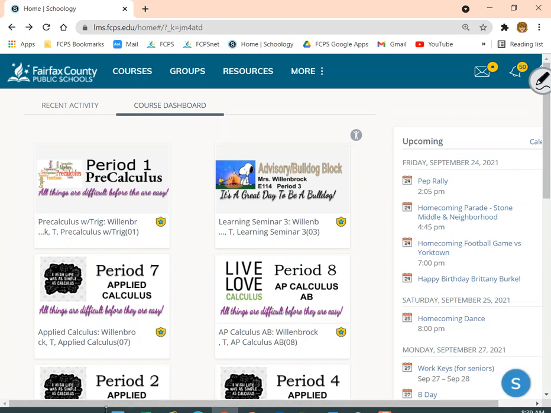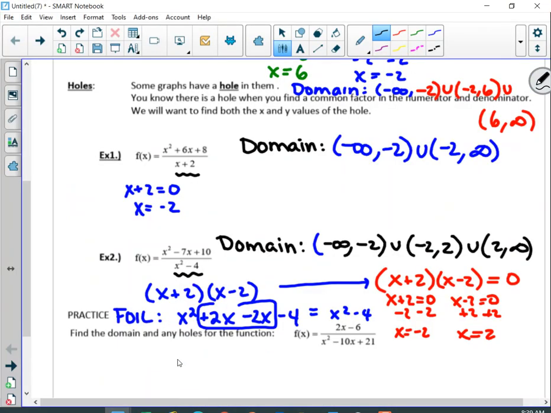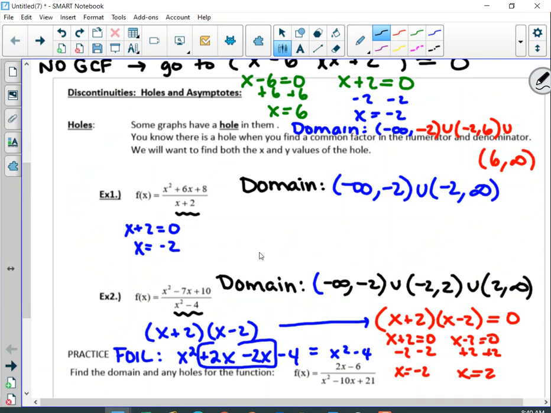Okay, now, we're going to do next, we're going to identify a graph having a hole. And in order to know that we're going to have a hole in the graph, we're going to see, after factoring the numerator, a common factor in the numerator and the denominator.